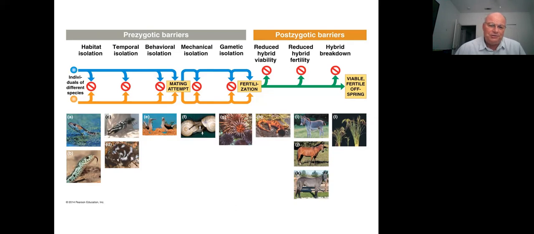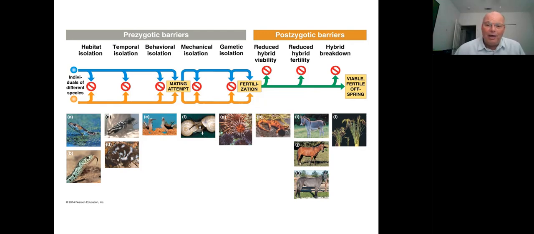That's gametic isolation. So that's a barrier that would prevent mating if the mechanical isolation, the structure of the genitalia, did not prevent a potential mating event. So if all of these barriers fall down, and you know we've got 5 in sequence, if all of these barriers don't exist, then we have the possibility for fertilization, because there's nothing to prevent egg and sperm from uniting.